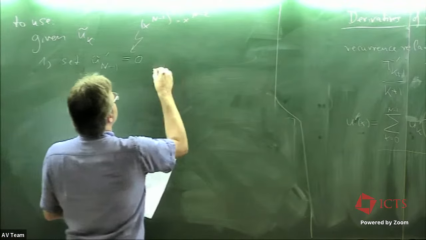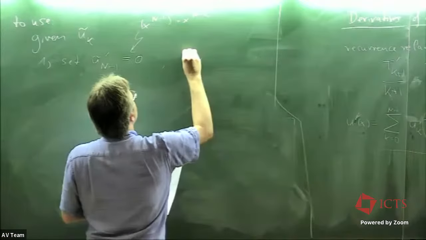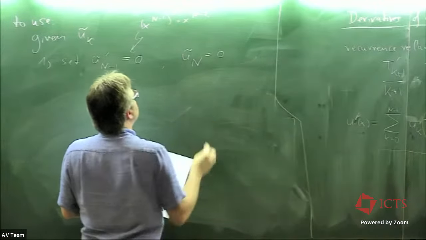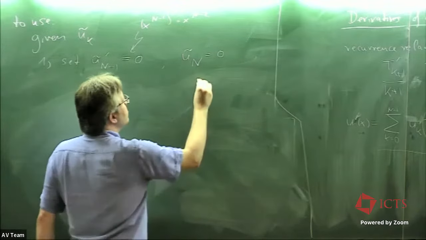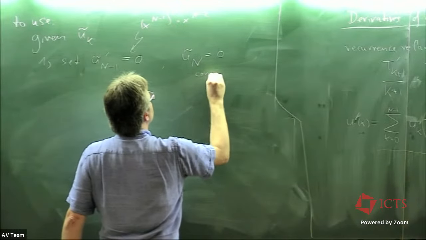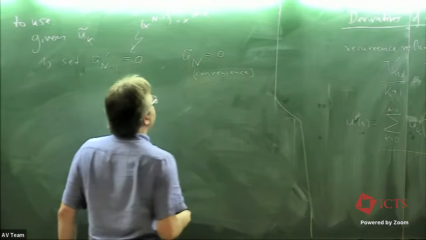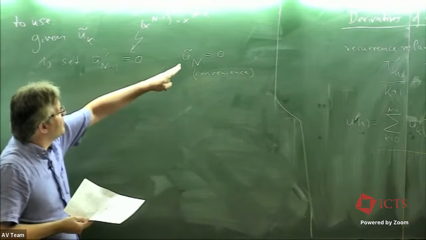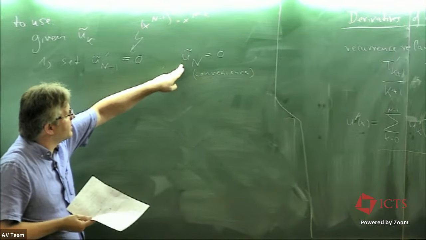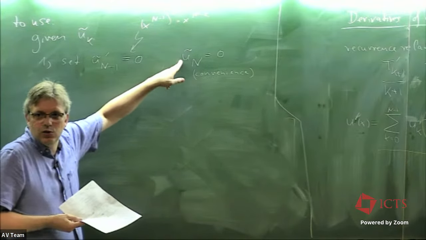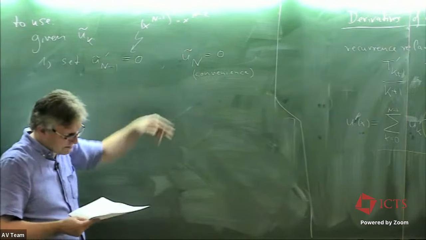We also set un tilde to 0. And this is purely convenience. And this is also true because we never had a term with t capital N in it. So its coefficient is 0.